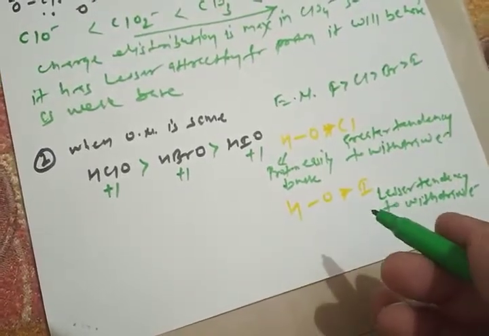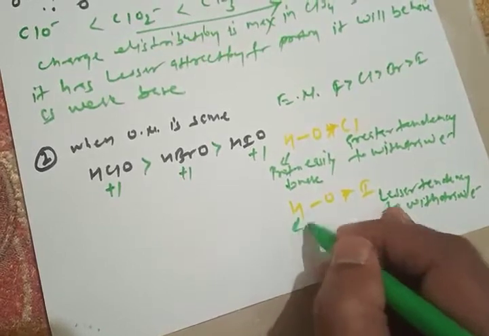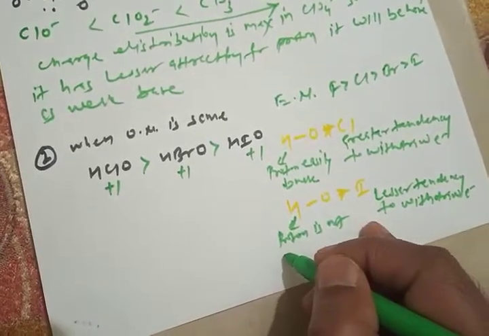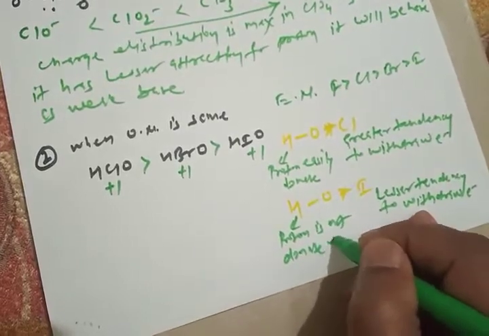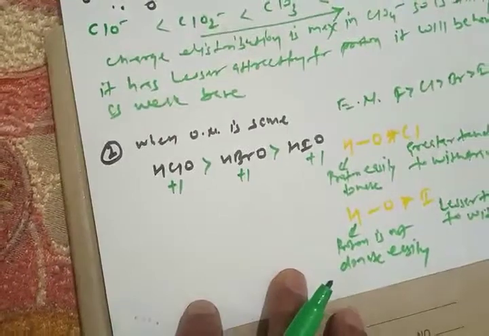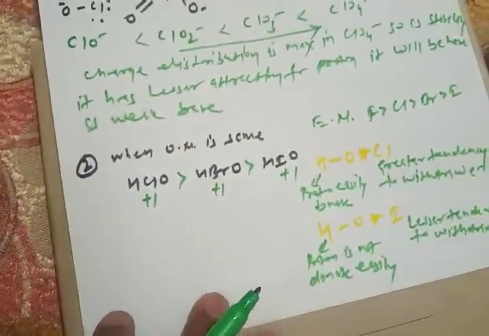Proton is not going to be donated very easily, and that is why HIO is not as strong as compared to HOCl. This is the reason in this case.